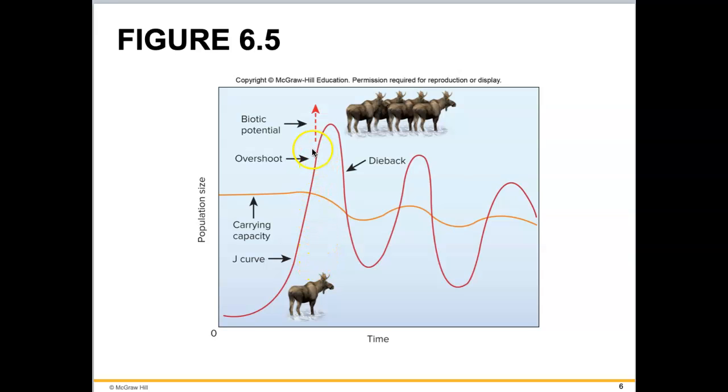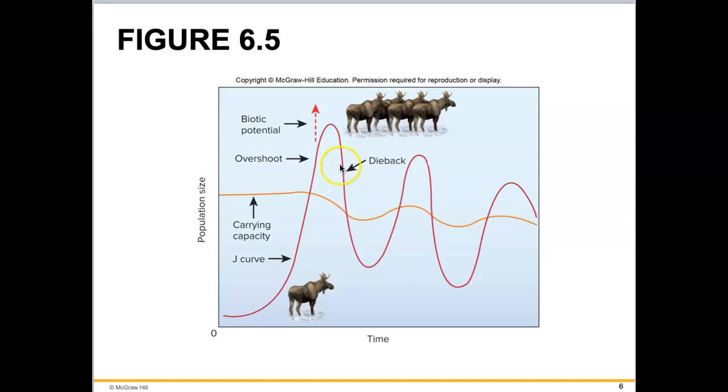If you chase this up to their biological potential, with more and more food available, this curve would continue to go up. But there's going to be some kind of limiting factor that will cause the moose to run out of food, and there will therefore be a dieback.